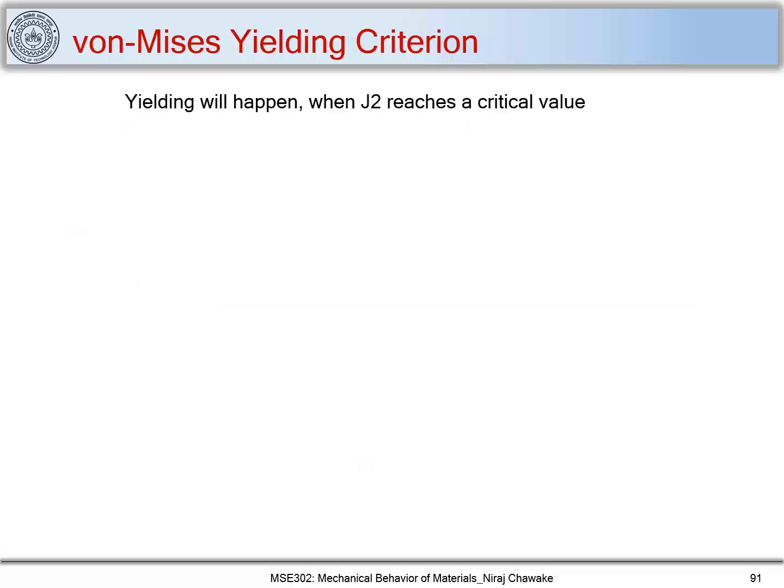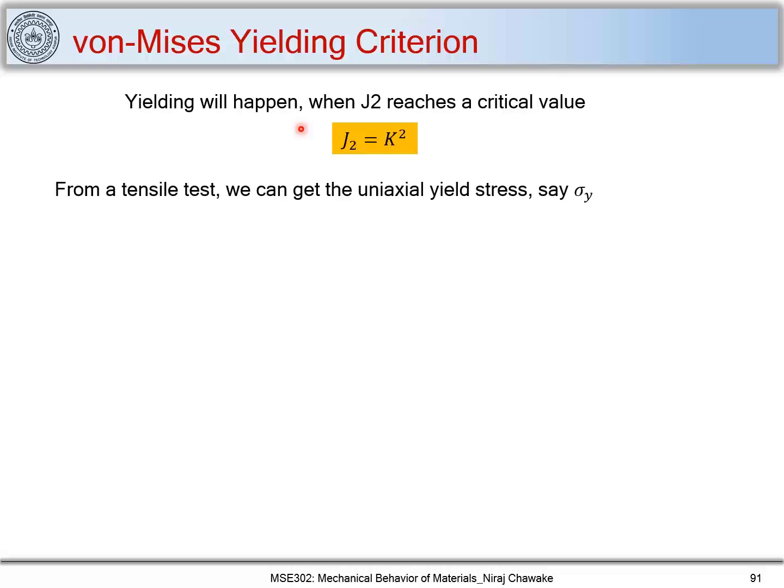So what the von Mises yielding criterion says now is that yielding will happen when J2 reaches a critical value, and it says that the value is k square. So when J2 becomes equal to k square, we will have yielding, or the material will start to yield. From a tensile test, we get the yield stress, say sigma y.